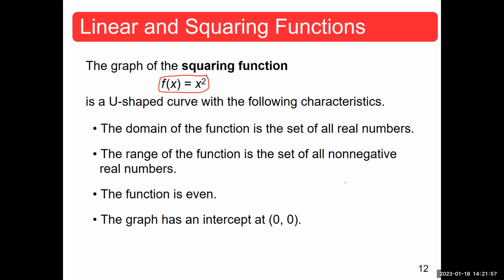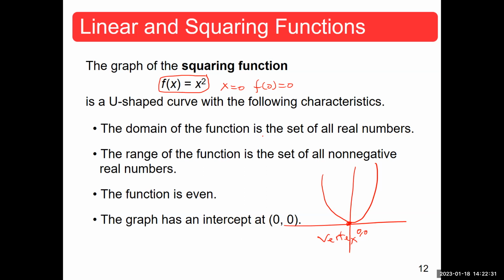If we plot it, the lowest point here is 0, 0. So the vertex is at 0, 0, because when x is 0, f(0) equals 0. That's where your vertex is, and it faces up.